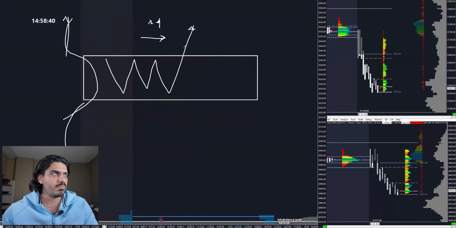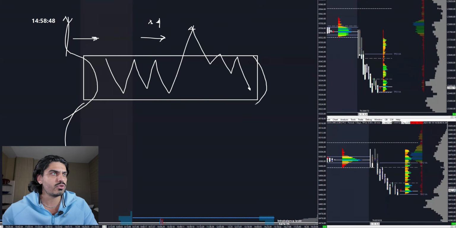Otherwise, if it's small, when you're in a low volume area like this, it's very easy for prices to come back inside of that balance, because this is where the majority of volume is. That's where price feels at home. Everyone's going to try and buy into this area on the pullback, on this little expansion. They're going to get their stops run. This is going to mean revert, and we're going to pull back into that area.